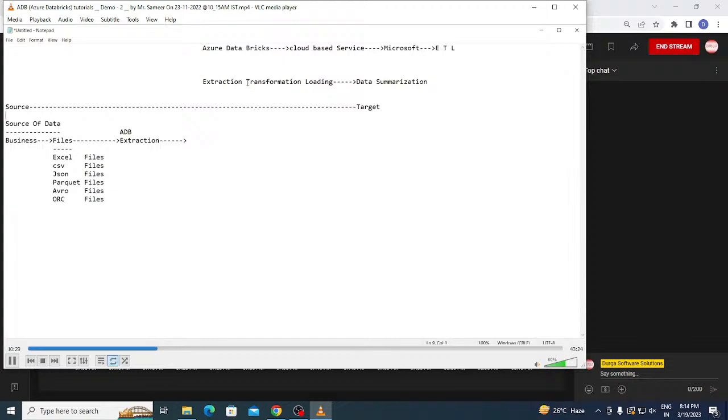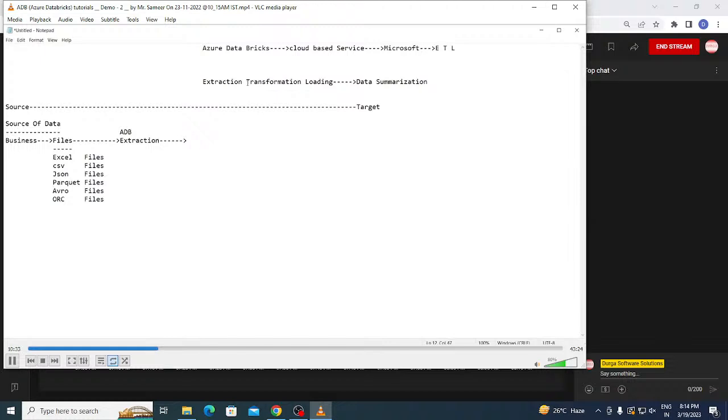Transformation. Transformation is based on the requirement of the customer: you change the format of the data, change the structure of the data, and design a new structure of the data. This is called transformation. Once the transformation is done, the process of loading takes place.